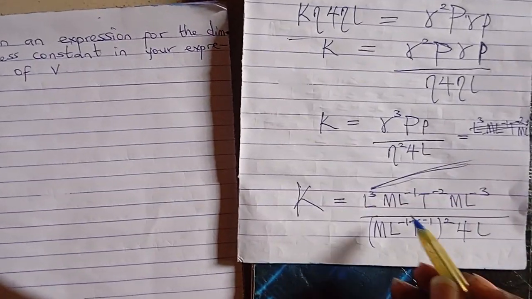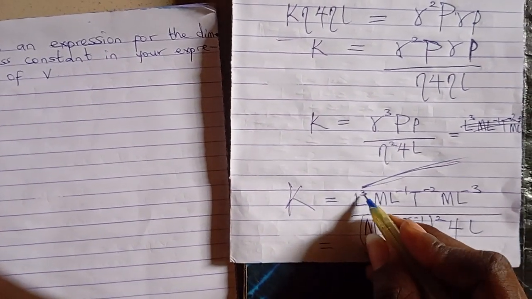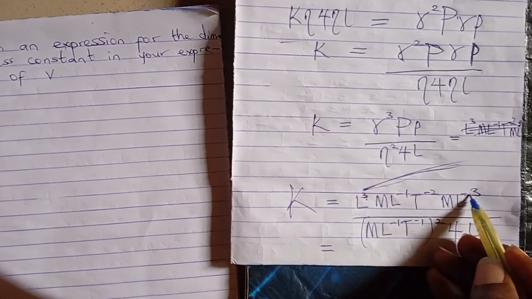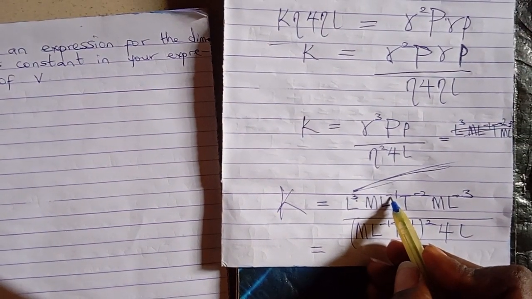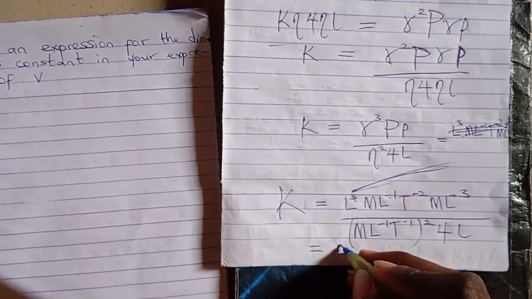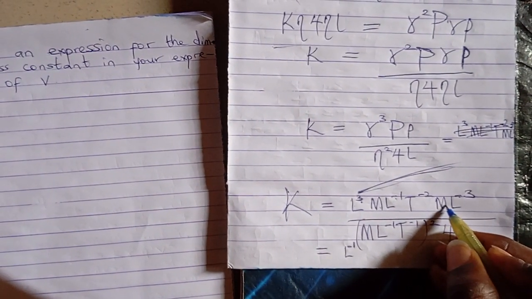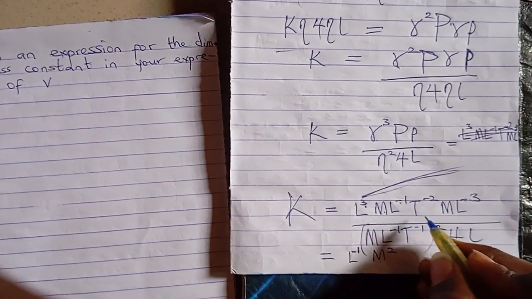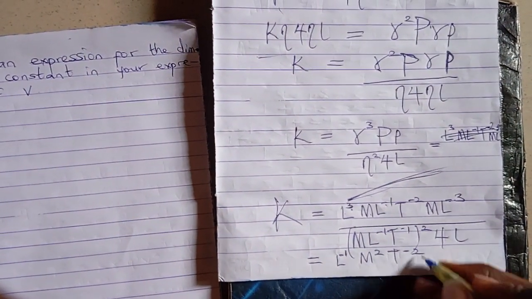By the time you do the maths, using the multiplication law, you have L cubed, and this is minus 3. 3 minus 3 is 0. So I'm left with just L raised to power minus 1 up here. This is M, this is M, so M squared. Then I have T^-2.